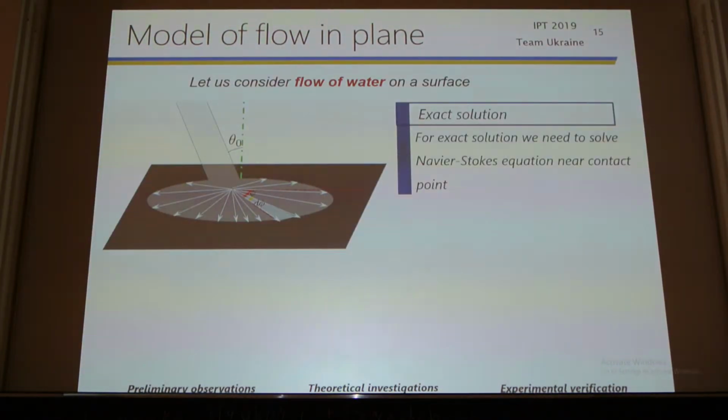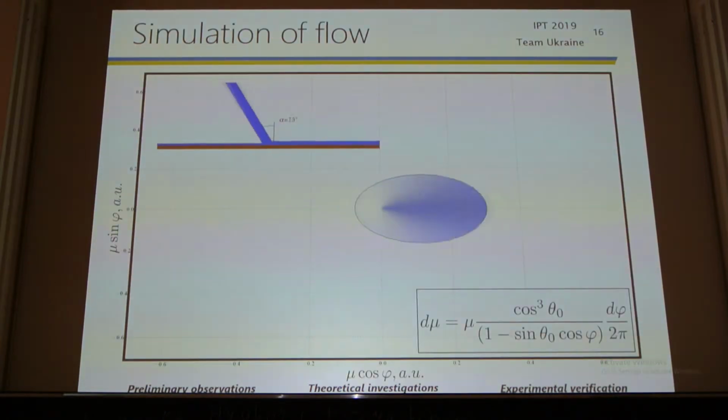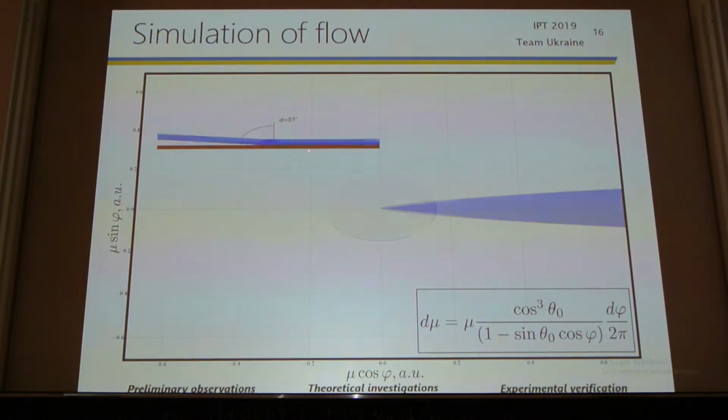Instead of an exact solution of the Navier-Stokes equation, we used an empirical result for the redistribution of mass rate in different directions, which is defined by the polar angle and the azimuthal angle on the surface. In this animation, you can see how this flow changes with the change of the polar angle. You can see that the thickness on the right side increases and on the left side decreases.